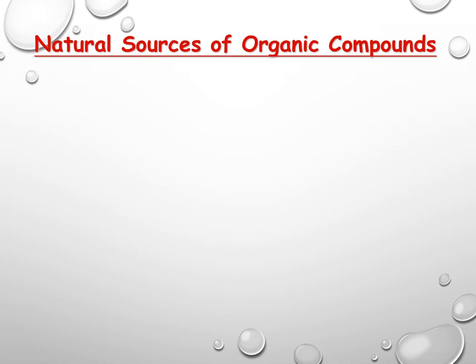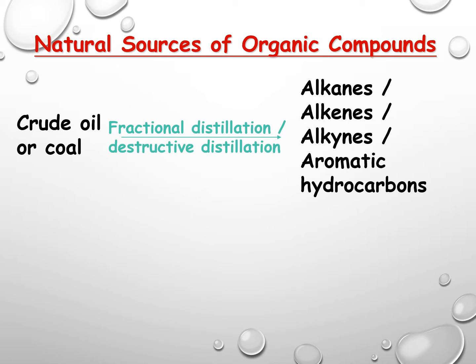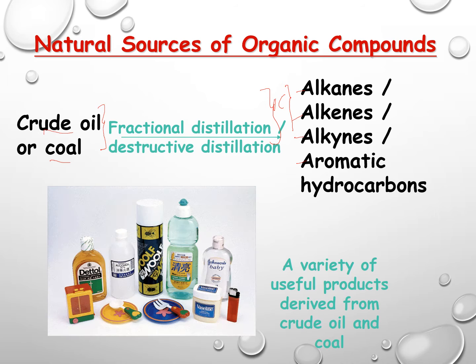Okay, other sources of organic compounds can be found from crude oil or coal. After going through a process of fractional and destructive distillation, it will produce organic compounds in terms of alkanes, alkynes, and aromatic hydrocarbons. So these are several products from the market which contain organic compounds which came from crude oil.